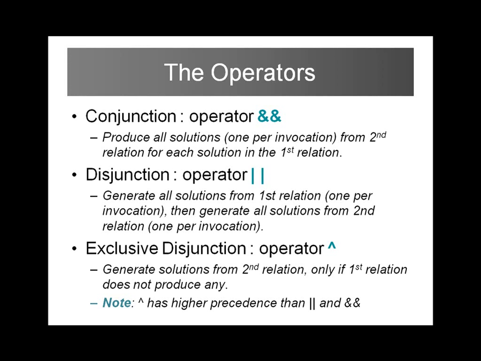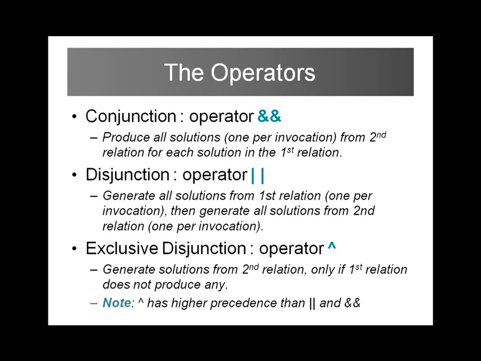Now the exclusive OR operator can be thought of as something analogous to the if-then-else statement that we have in our languages, in a sense that the second argument will not be evaluated ever if the first argument succeeded. And vice versa, if the first argument never succeeded, then the second argument should succeed.